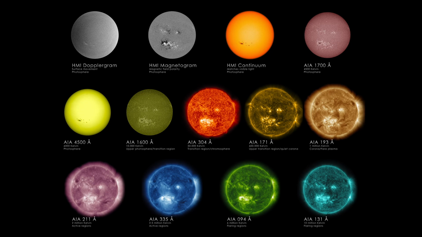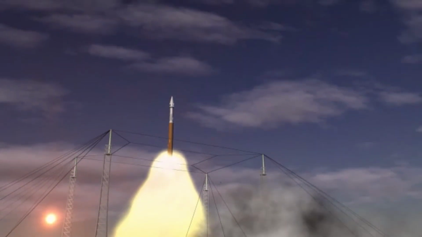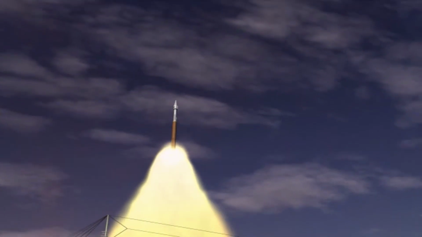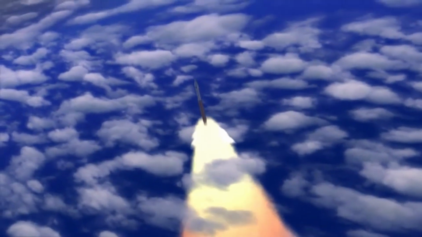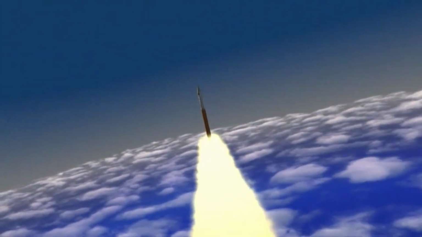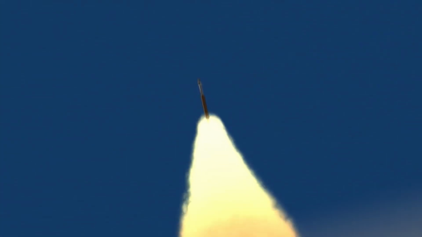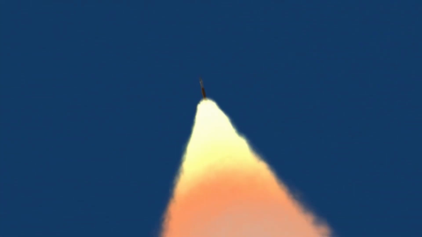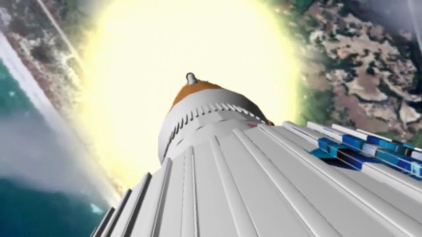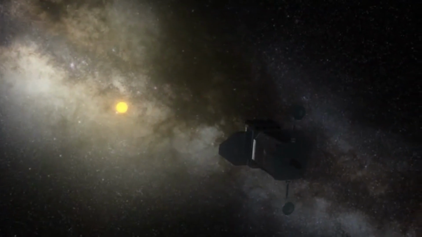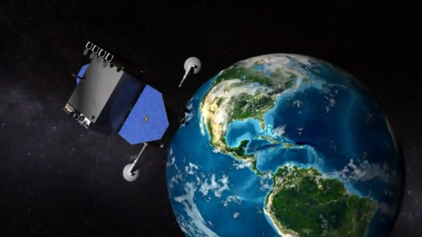Before we explore the sun through NASA's Solar Dynamics Observatory, let's dive into the remarkable mission and its capabilities. Launched on February 11, 2010, the Solar Dynamics Observatory revolutionized our understanding of the sun by capturing high-definition images and data at various wavelengths. Positioned in geosynchronous orbit around Earth, SDO continuously observes the sun from its vantage point, providing uninterrupted views of solar activity.